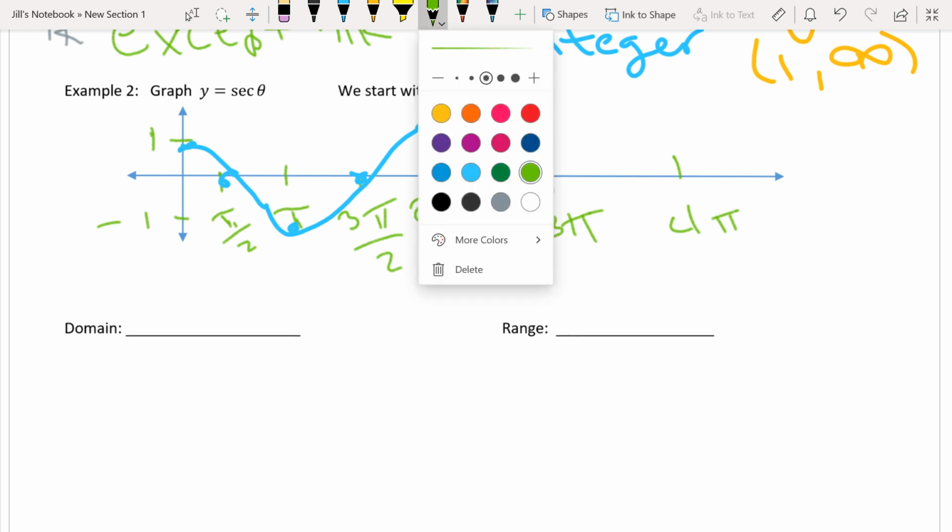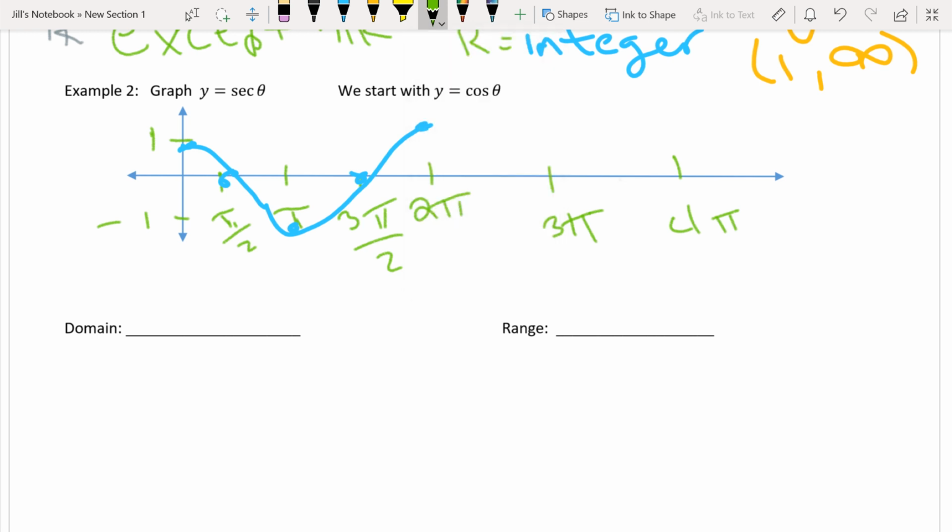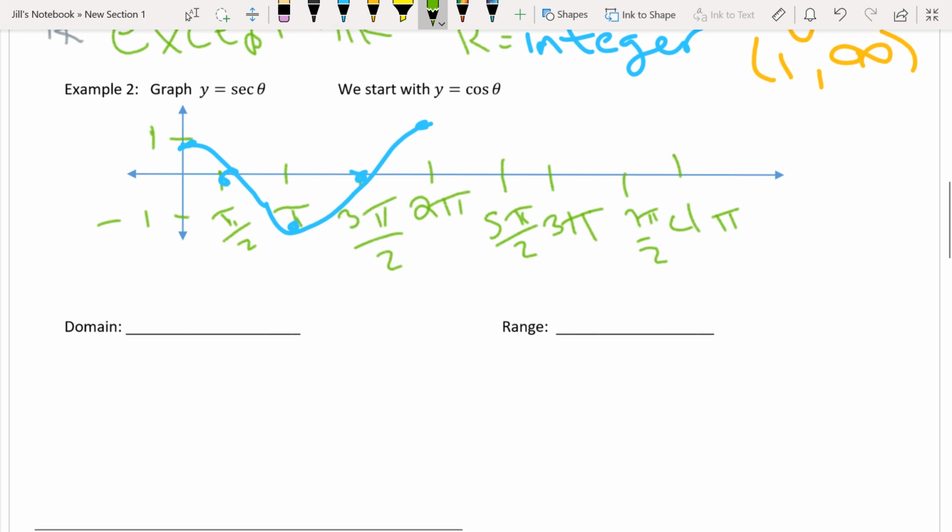And the quarter points would be 5 pi over 2 and 7 pi over 2. And we make another cosine wave. Okay, so that's the cosine wave.